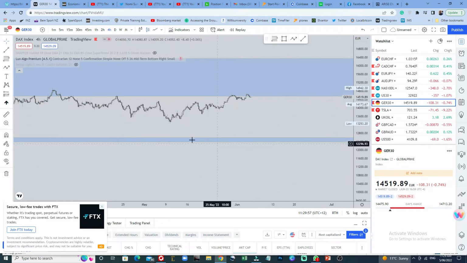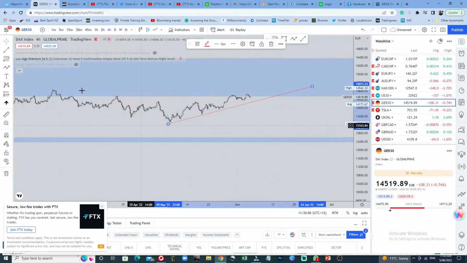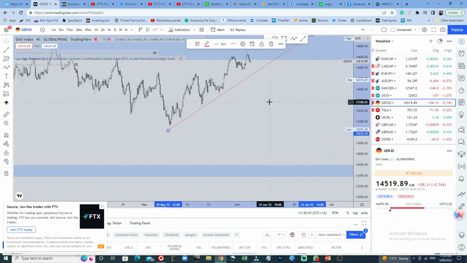Now I know here is already a level. So what I will do is to draw a line, two points to meet. I can draw another line here as well.